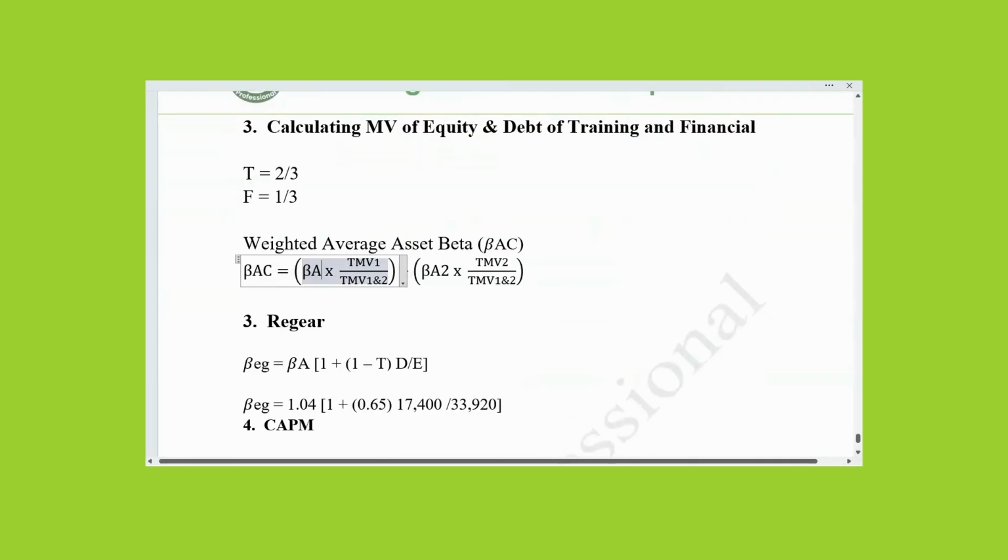So beta asset of training, multiplied by total market value of training divided by total market value of training and financial service.